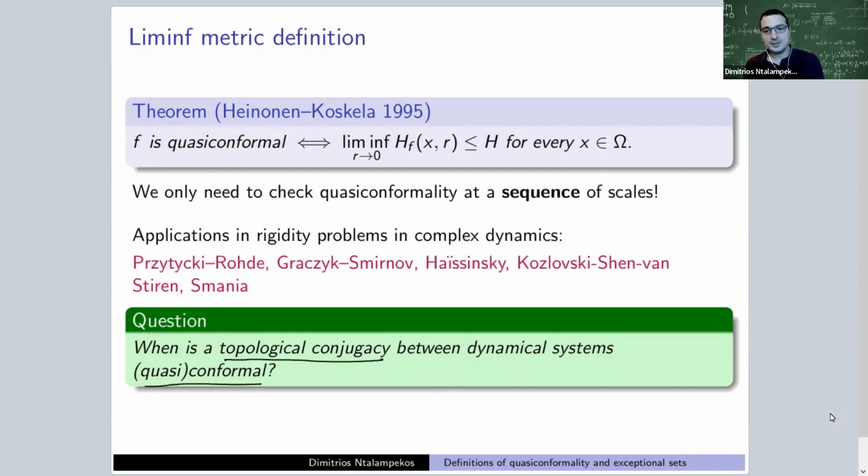And this type of result is very helpful in this direction. Why? Because in dynamics, a lot of times we don't have information or control over all scales or over all iterates of a function, but we only have information about a sequence of scales or a sequence of iterates. So it is very important that we don't really have to check every scale.